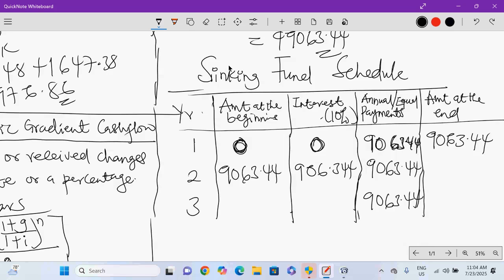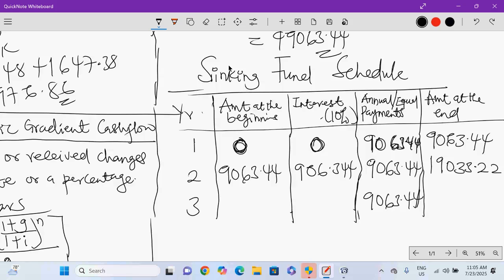And then, so now, this amount at the beginning plus the interest plus the equal amount, how much will be in the fund? 9063.44 plus 906.344. So that will be 19,033.22 in the fund at the end of year 2.